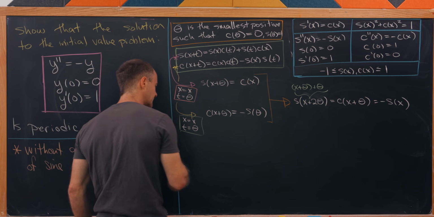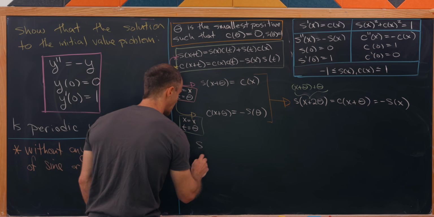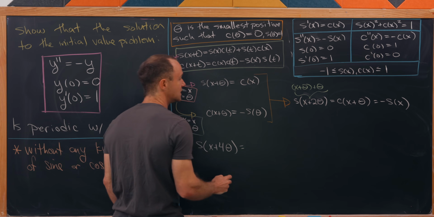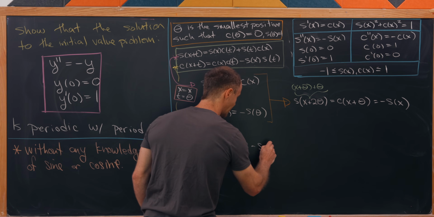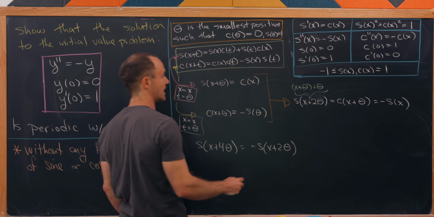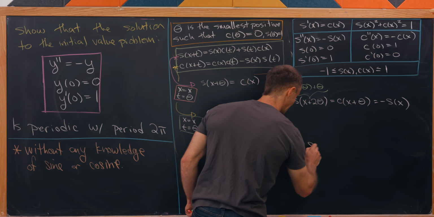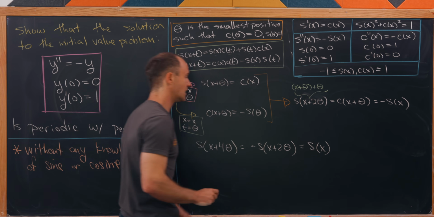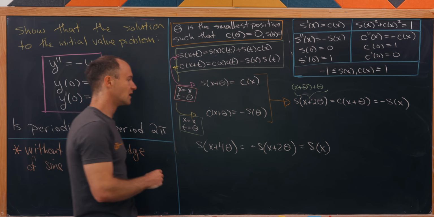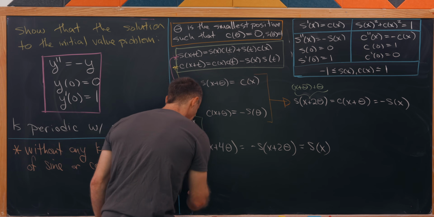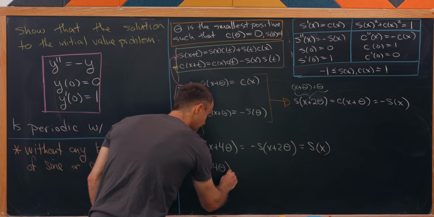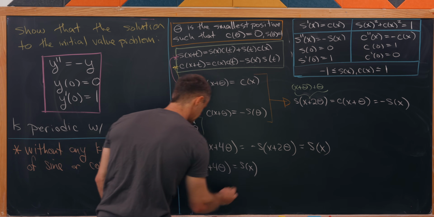Okay, well that really gives us some motivation to do the following. s of x plus 4 theta, so that's going to be negative s of x plus 2 theta using this rule right here, which is equal to s of x. Again, using that rule right there, and the two minus signs cancel. So let's see what we have. We have s of x plus 4 theta is equal to s of x.